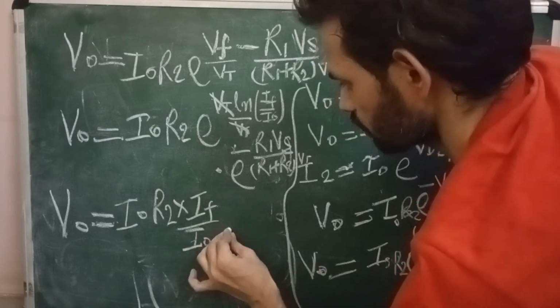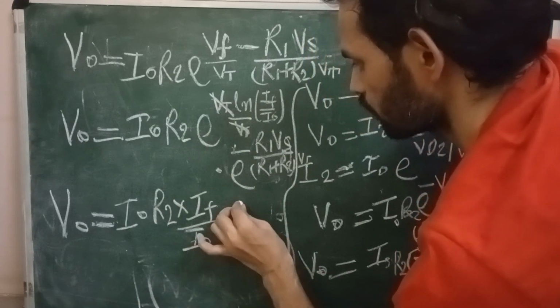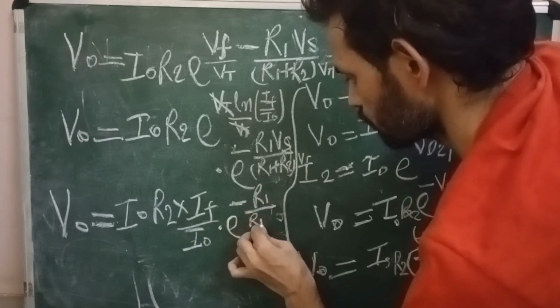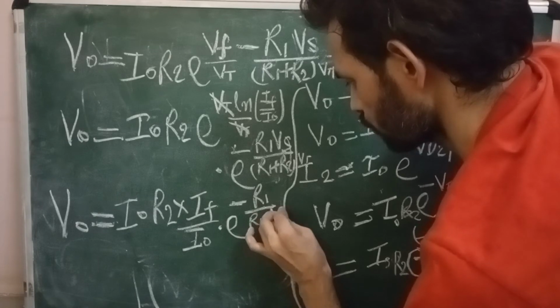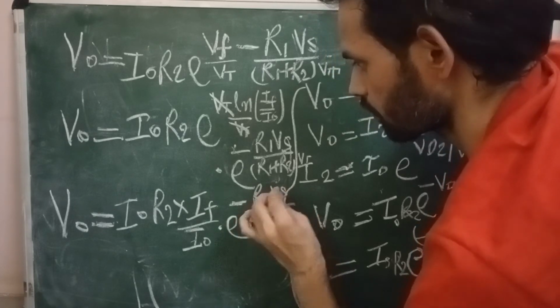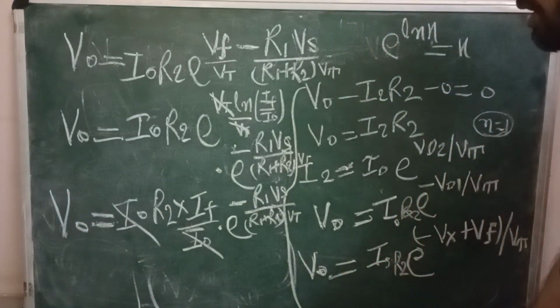So this is into e to the power minus R1 divided by R1 plus R2, into Vs by Vt. So I0 gets cancelled.